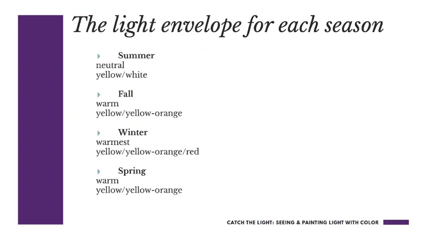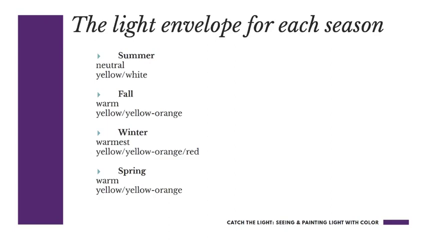So the light envelope for each season changes with the color that is created by the angle of the light. In the summer, the color of the light tends to be more neutral and can vary from yellow to white. Remember, it's more warm in the morning and afternoon, and very neutral, almost pure white in the noonday light.